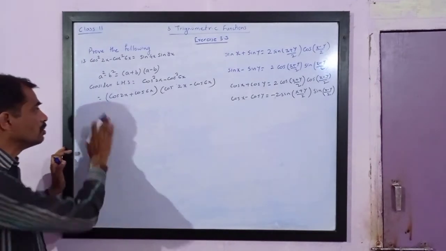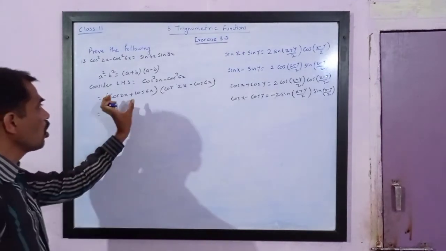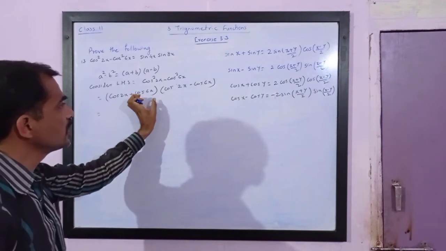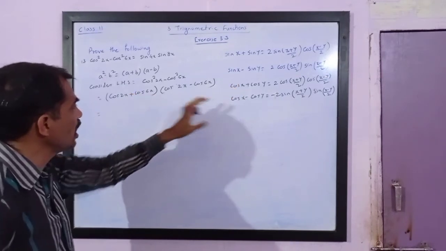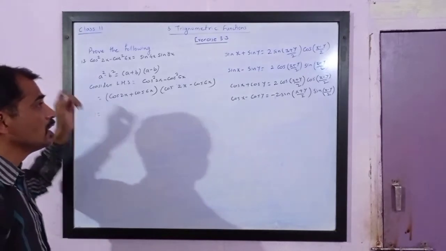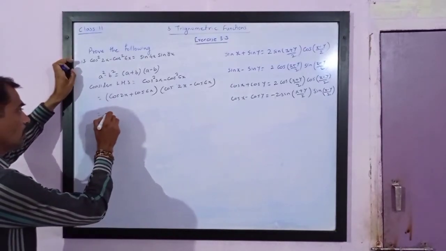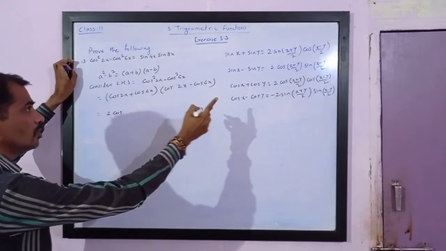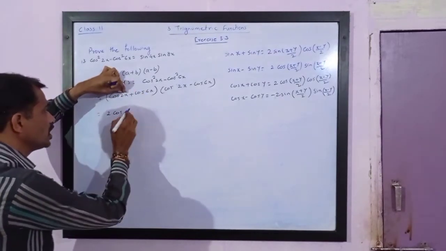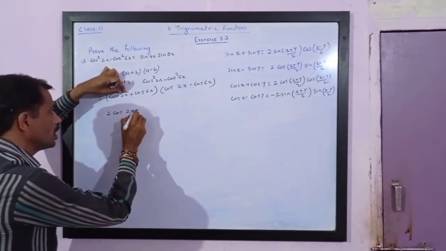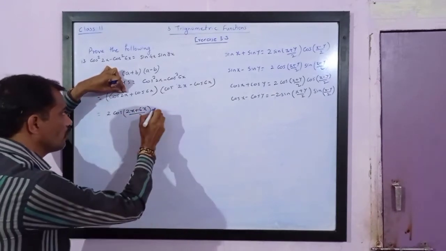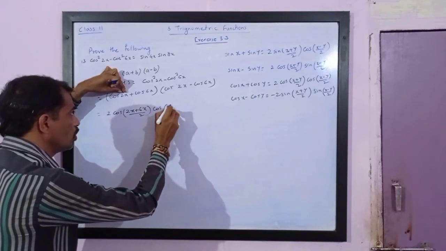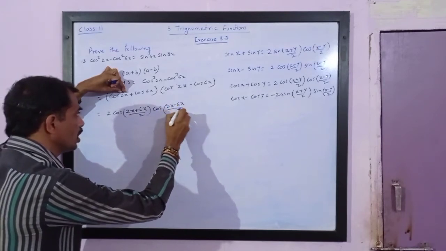These two identities we are going to use. So LHS becomes cos of 2x plus cos of 6x. Please note, at x we have 2x and at y we have 6x. So this becomes 2 times cos of x plus y, that is 2x plus 6x upon 2, into cos of 2x minus 6x upon 2.